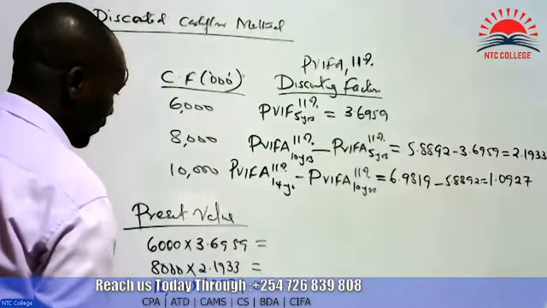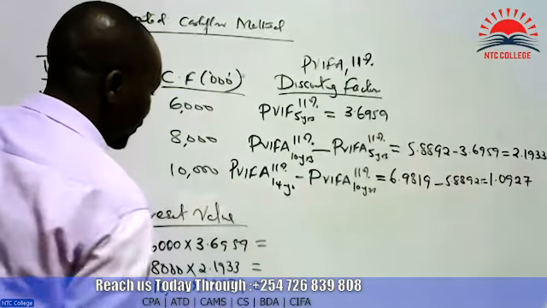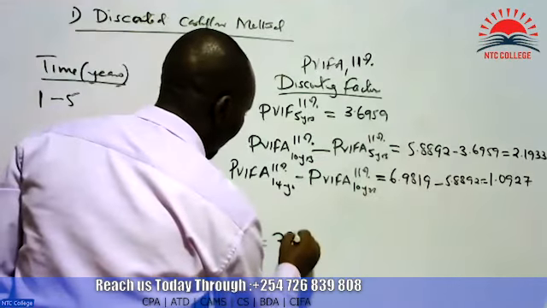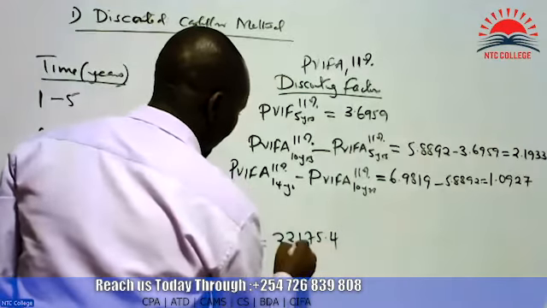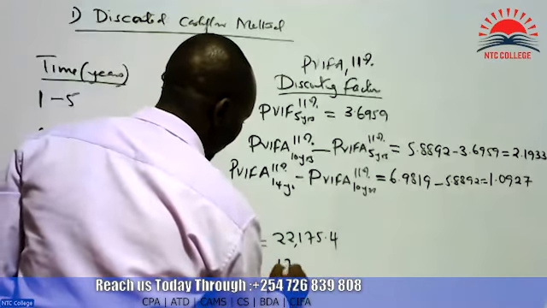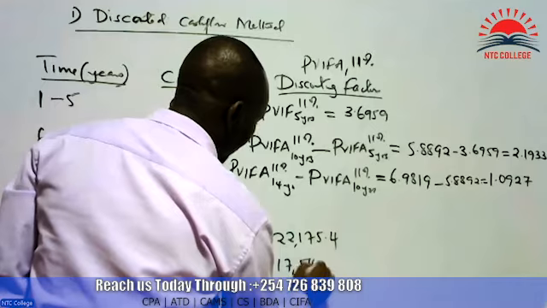So then what are you going to get? The first one, 22,175.4. The second one is 17,546.4.